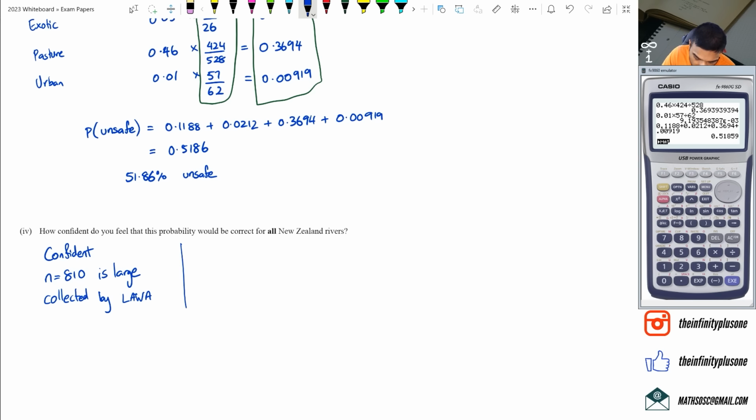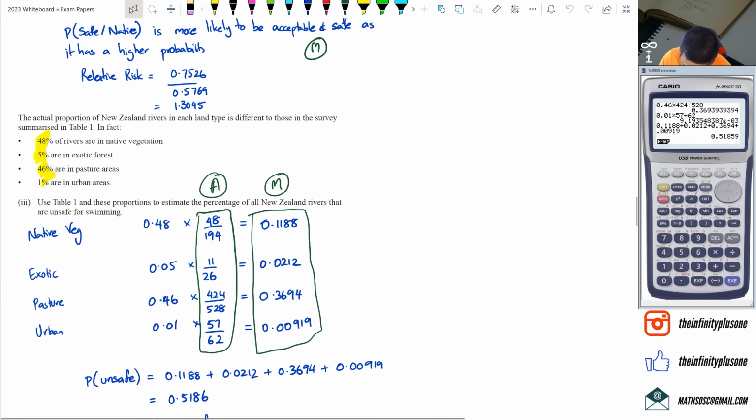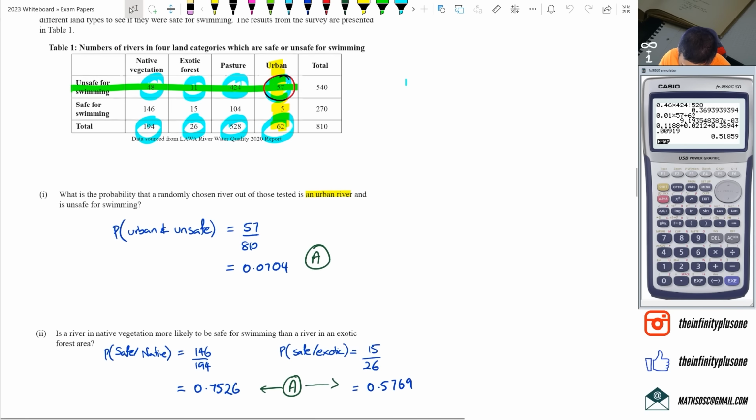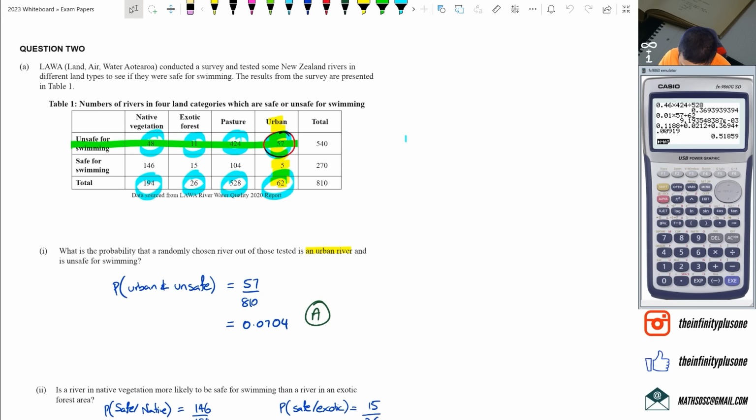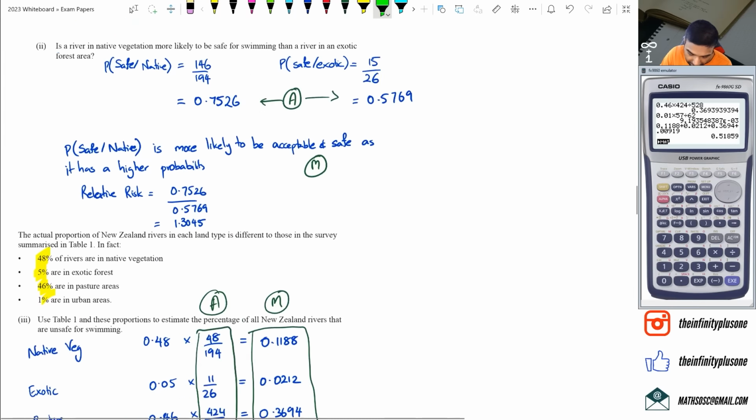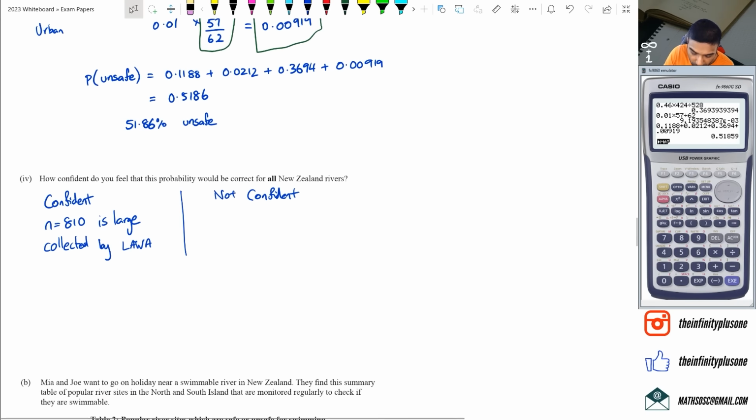Now, if you say that you're not confident, what you could say is things would have changed in the last 2 years. If you look at it, this data is from 2020, and you are actually doing this paper in 2022.